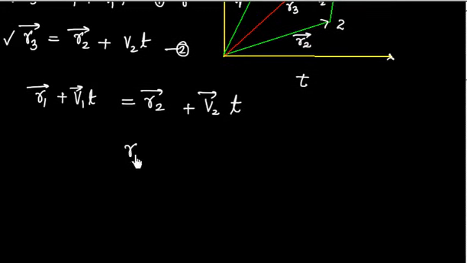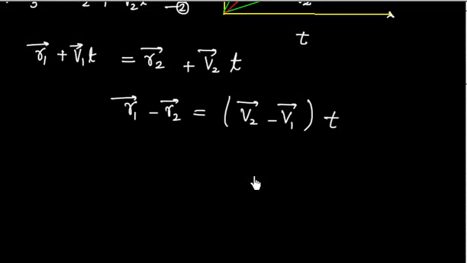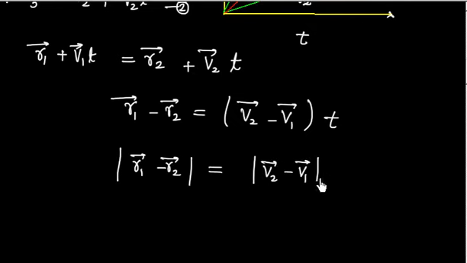So you will have r1 minus r2 is equal to (v2 minus v1) into time. Now if I take the mod of both sides, mod of r1 minus r2 is equal to mod of (v2 minus v1) into time.